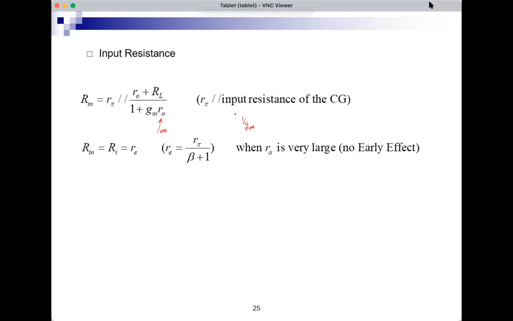Okay, and we know that Gm times R pi is beta. So the input resistance becomes this very small Re. R pi over beta plus 1 is a very small resistor. So very, very small input resistance when RO is very large.